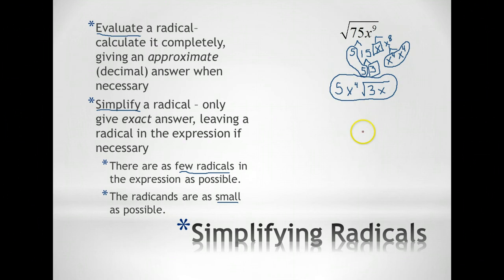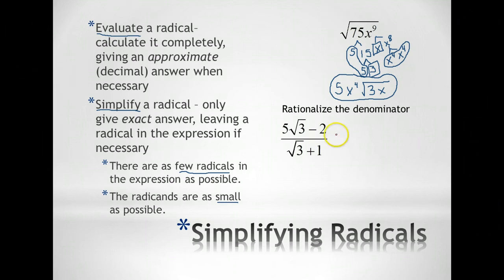Just talk to me. Okay, next we're going to rationalize the denominator of a fraction with radicals. So this covers a lot of different aspects of working with radicals all in one problem. And what we're going to do is, what does it mean to rationalize? Well, a rational number is an integer or a fraction, and it does not include radicals, and it does not include imaginary numbers.